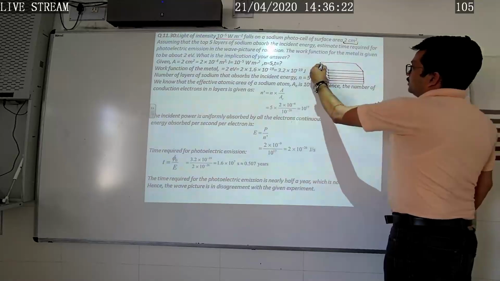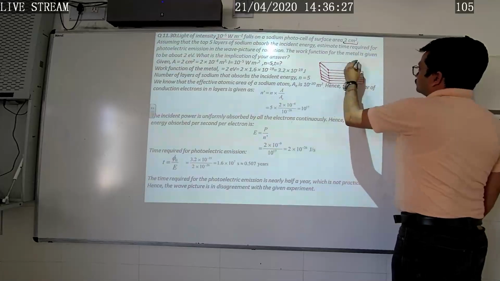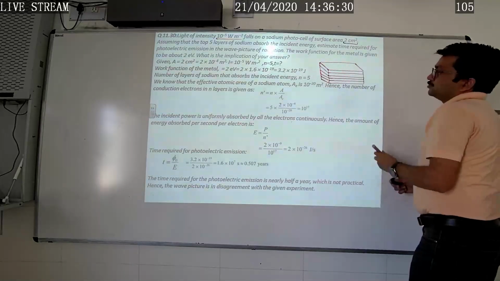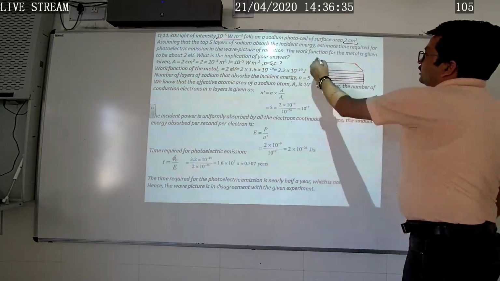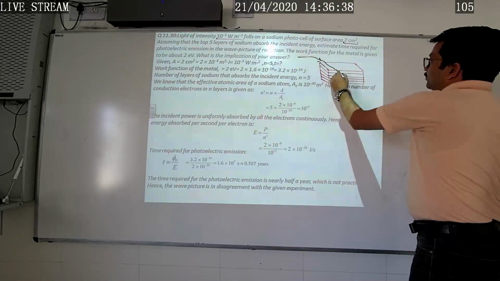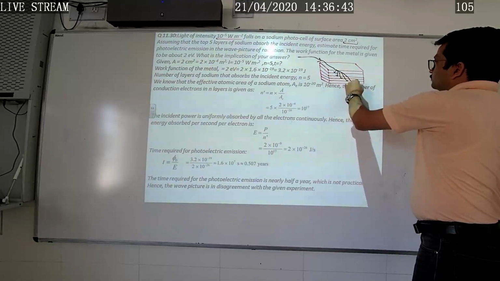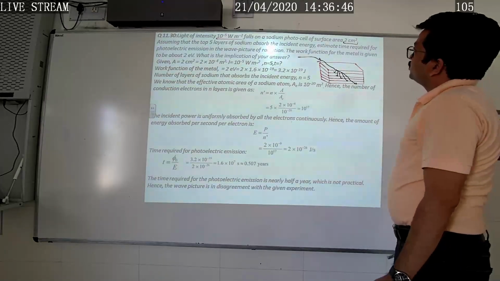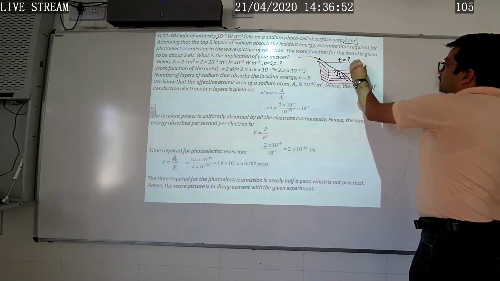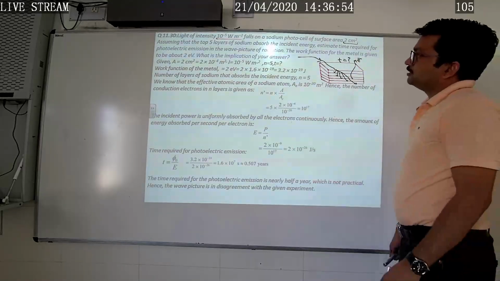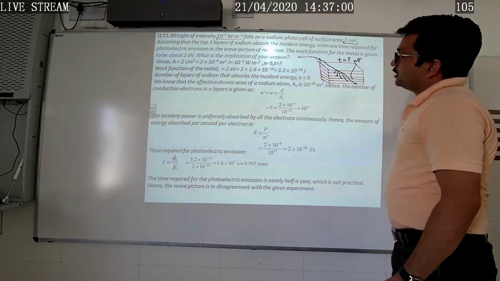Assuming that the top 5 layers of sodium absorb the incident energy, these 5 layers are going to absorb the energy like that, okay? Estimate the time required for photoelectric emission. What is the time required for the photoelectric emission, that electrons are coming out from this in the wave picture of radiation? The work function for the metal is given to us, and what are the implications?